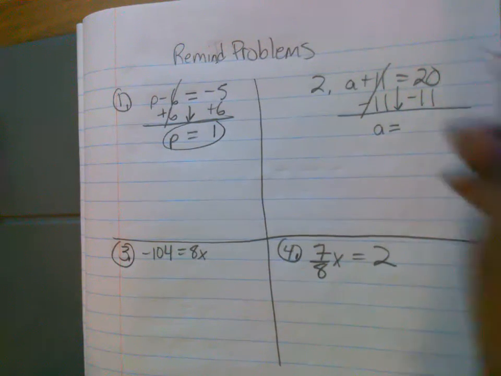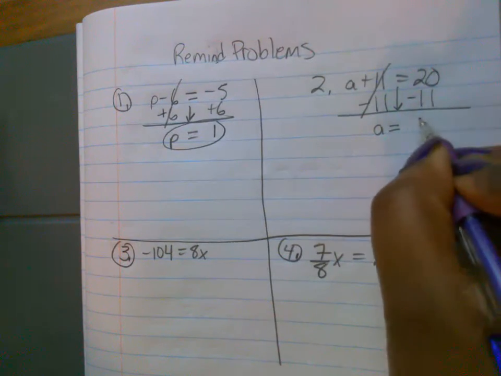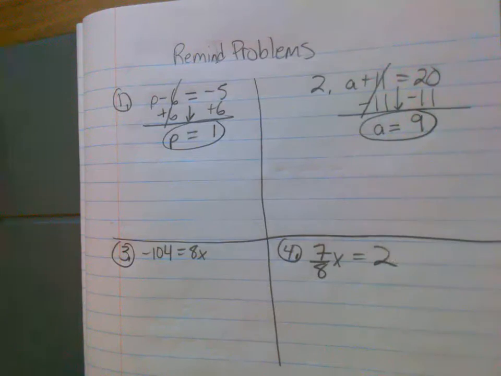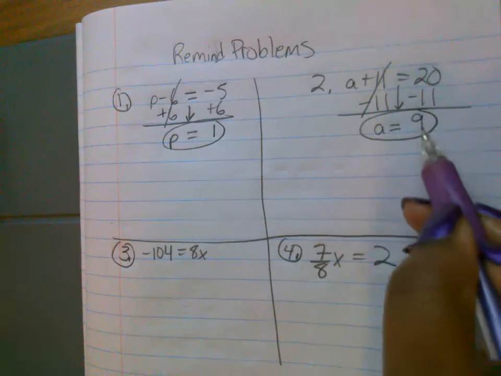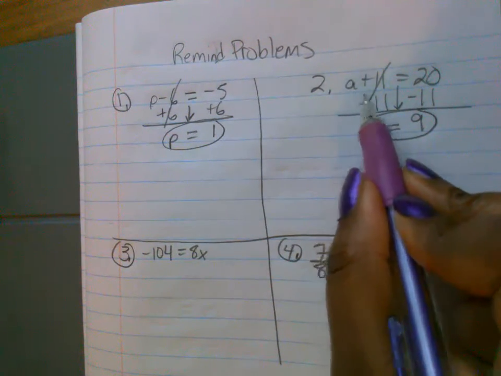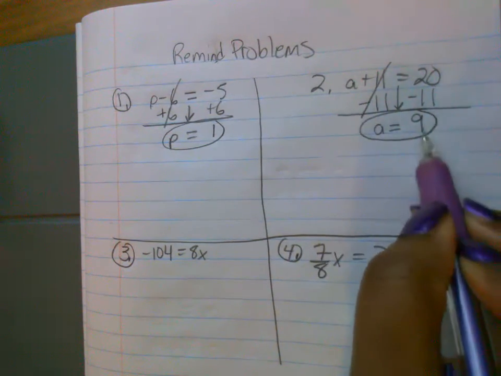Here, when you subtract 11 from 20, that gives you 9. Again, to check this problem, you can plug 9 in for A, and if both sides are equal, then 9 is the solution.